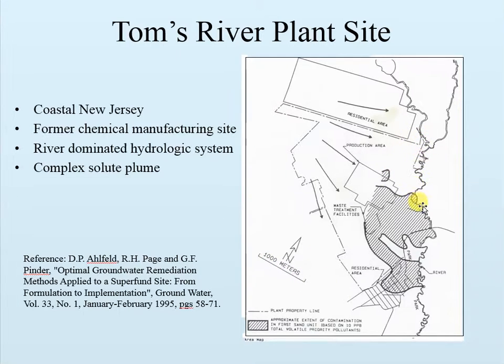There's a river running adjacent to the site, which is the discharge for much of the groundwater and much of the plume, which is indicated by the shaded area. This site and the application of management models was described in the paper noted here.